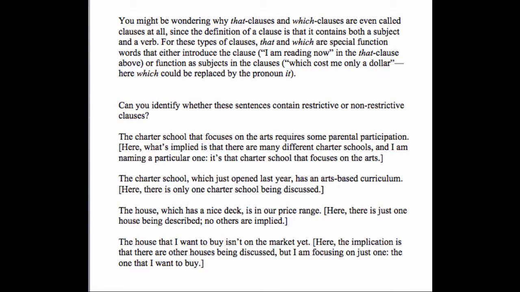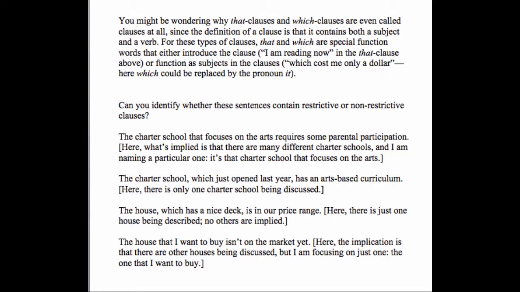One other additional piece of information that could be useful. You might possibly be wondering why that clauses and which clauses are even called clauses at all, since the definition of a clause is that it contains both a subject and a verb. And if you look at these, they don't look really like independent clauses, but let's examine them a bit more closely.